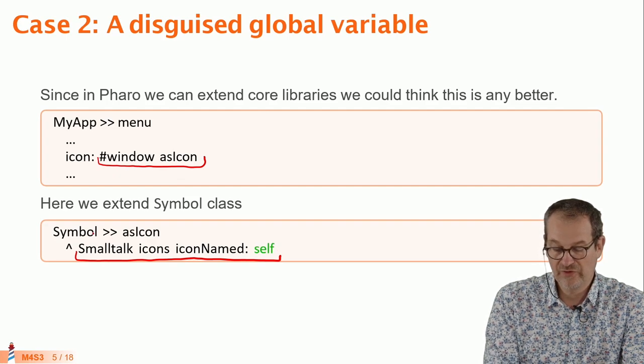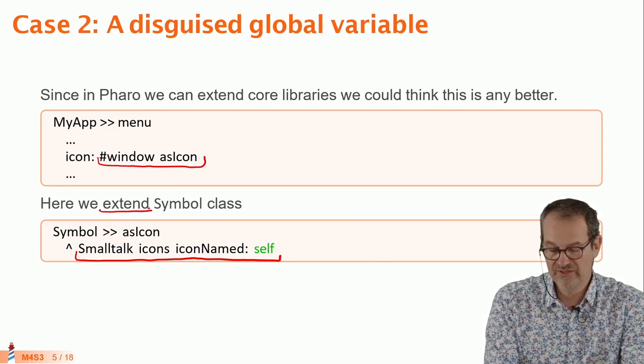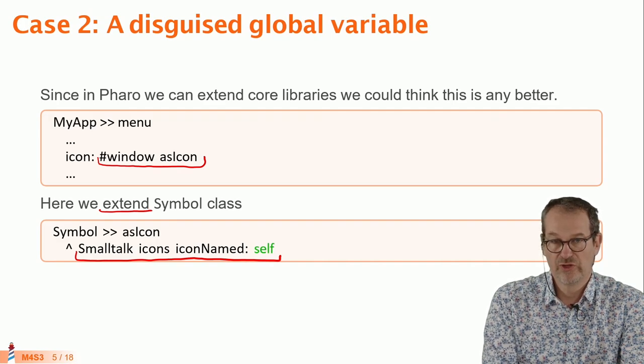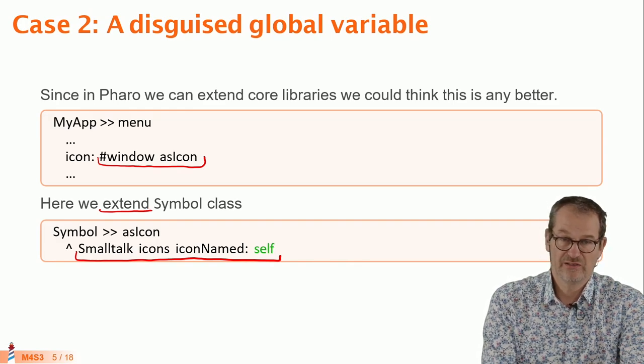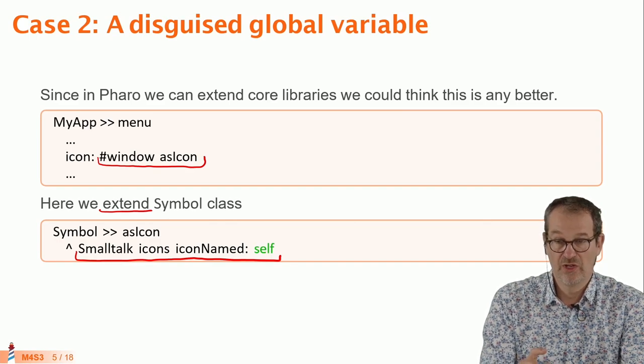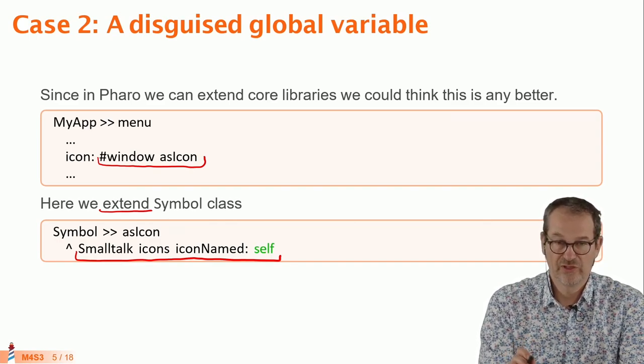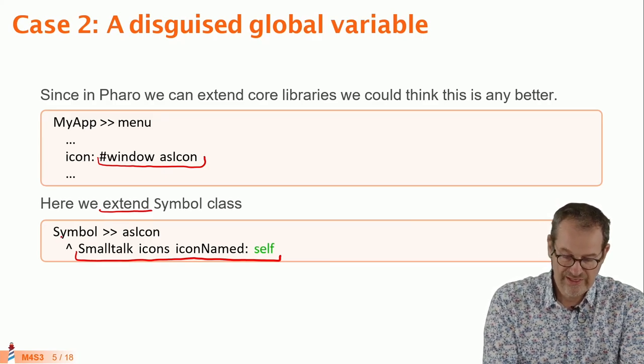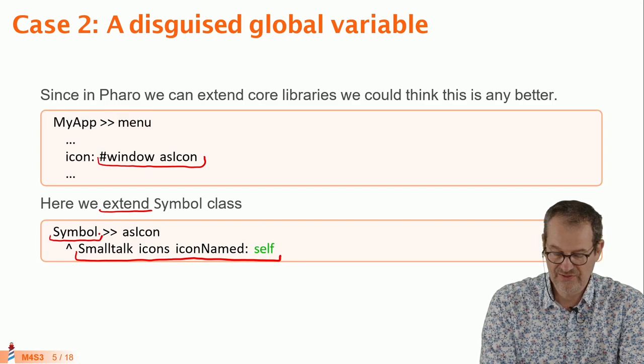In Pharo, when I say extend, it means that a package can add a method to another class that is not packaged in this package. So it is like saying, oh, dear class there, I want you to get this method, but only when this package is loaded. That's why we can add methods in kernel classes, because Symbol is a kernel class.